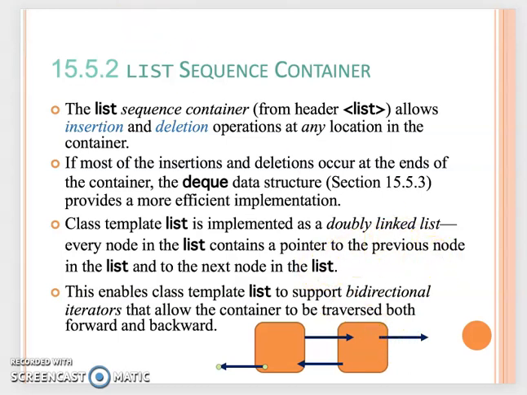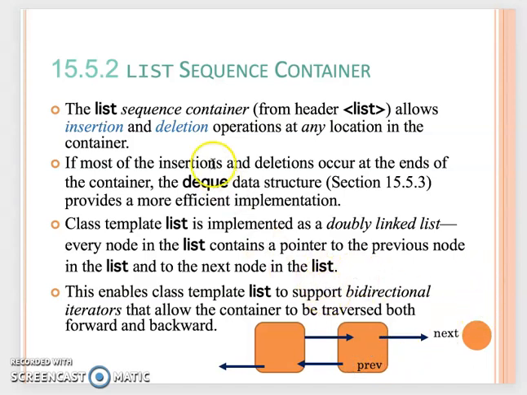So not only do they have the next pointer, they also have the prev pointer. That's why they can access both the next element and the previous element, and that's why we call it the doubly linked list.